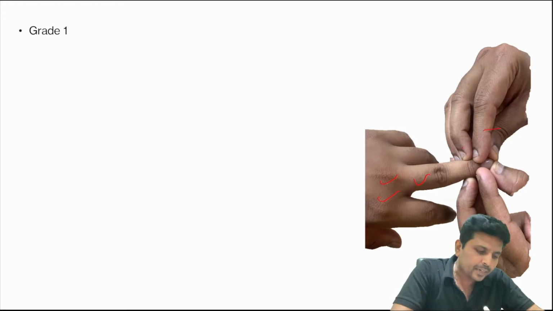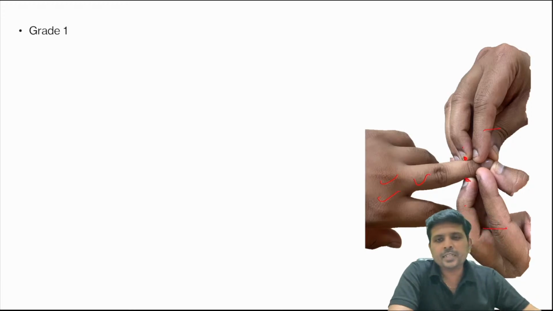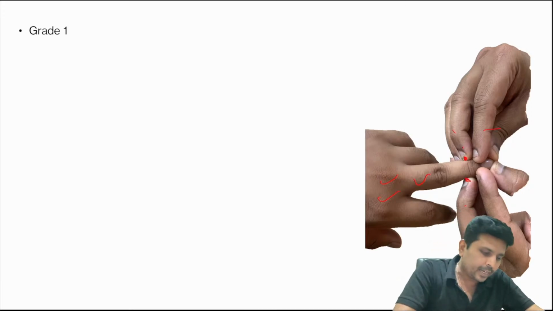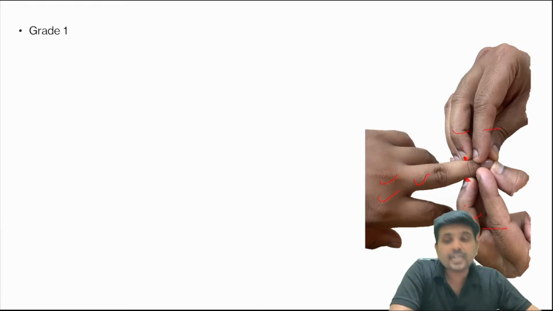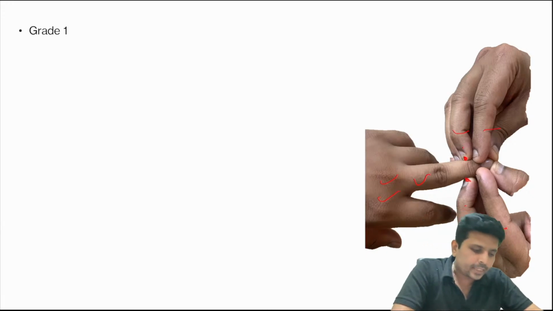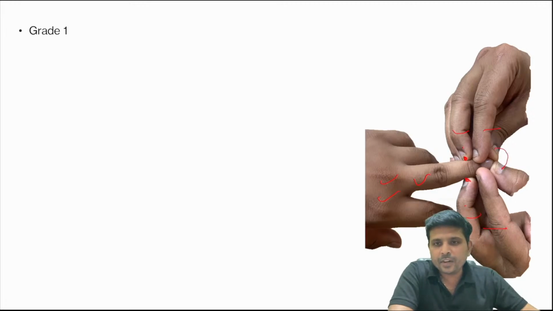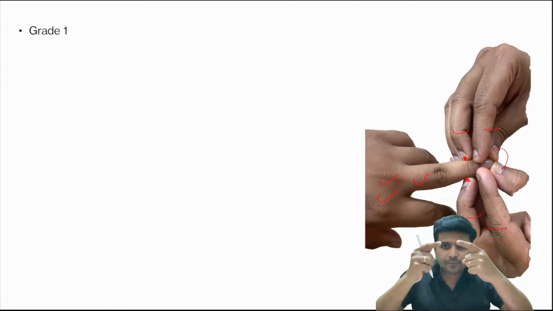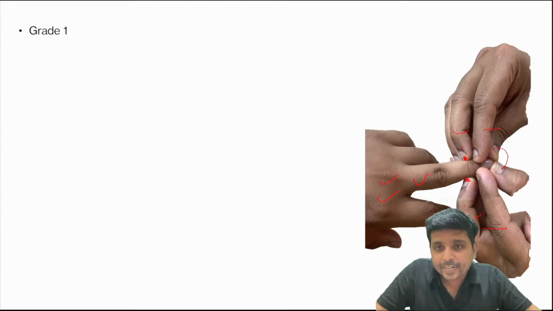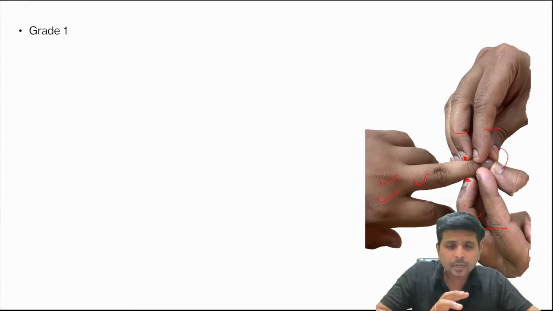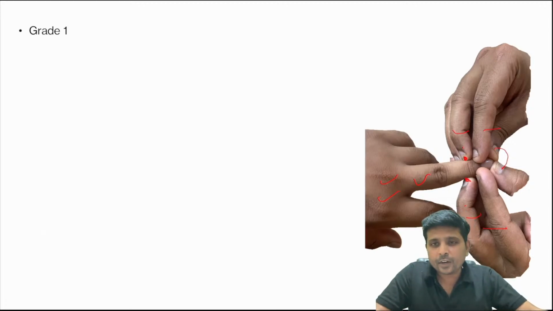The examiner's middle finger will fix the distal interphalangeal joint, and the examiner's thumb will fix the tip of the finger of the patient, and with the help of the index finger you need to find out whether there is a softening or not.